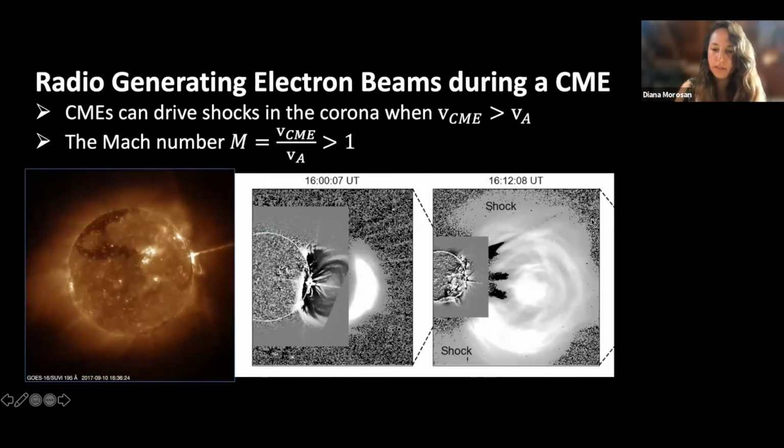And the fuzzy diffuse thing in the white light images here is the CME shock. This CME was so fast that it was associated with a very, very large shock. And it met this condition, Mach number greater than 1, at various locations, especially at the flanks.